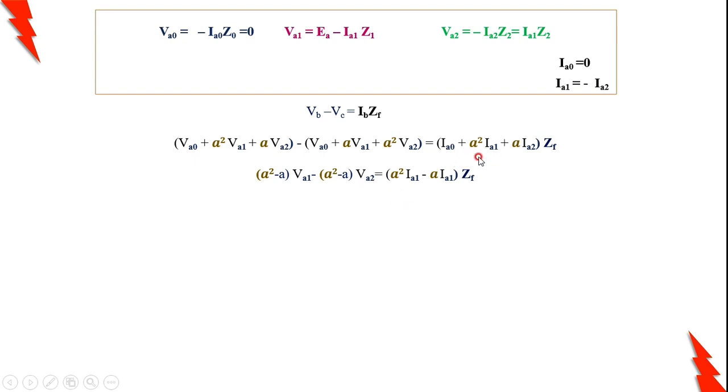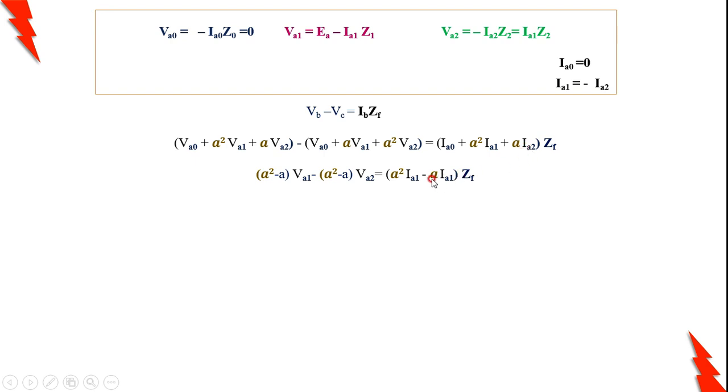Then the right hand side you can see here, it is A square IA1 plus A IA2. IA2 can be replaced by minus IA1. Therefore, instead of A IA2, I am putting minus A IA1.